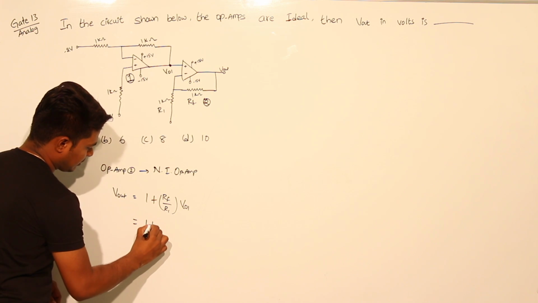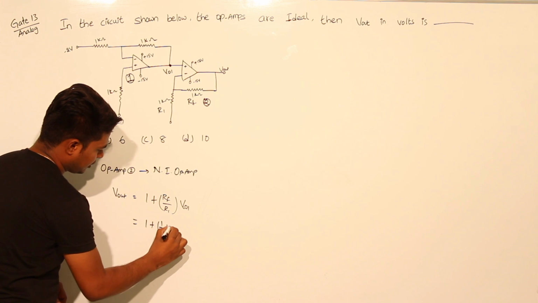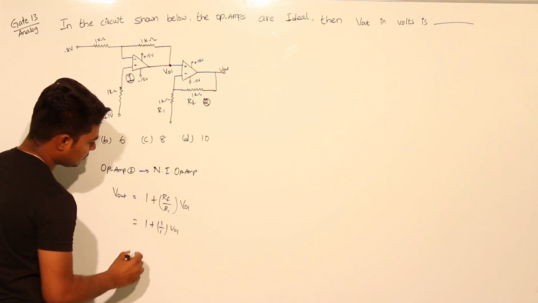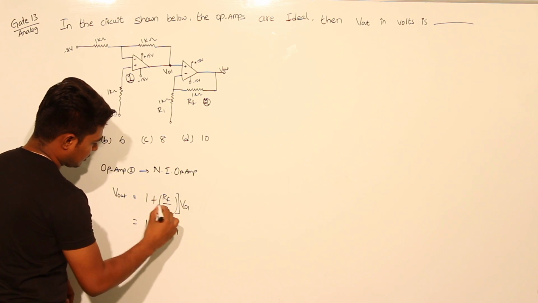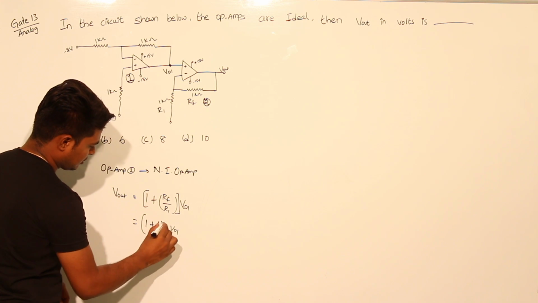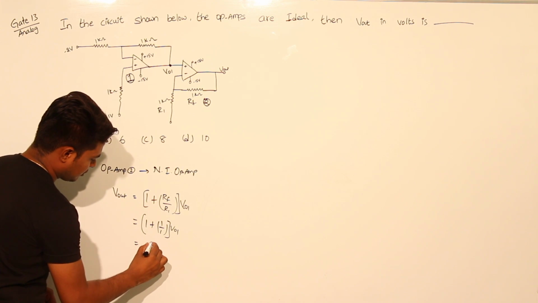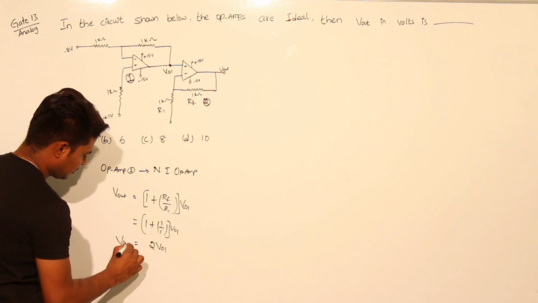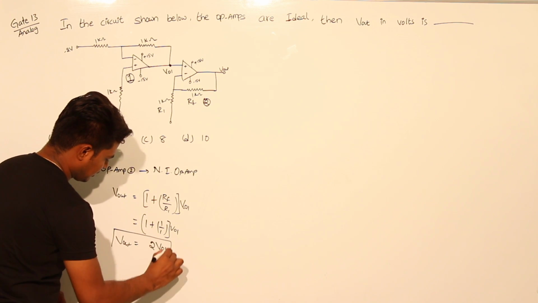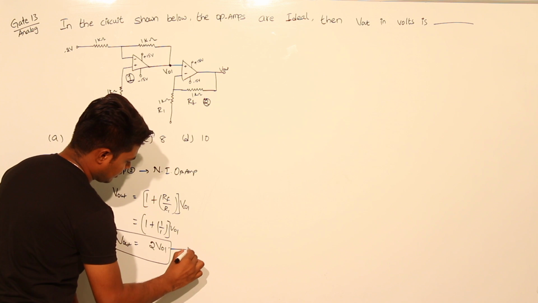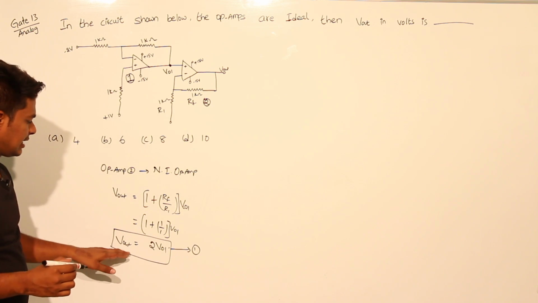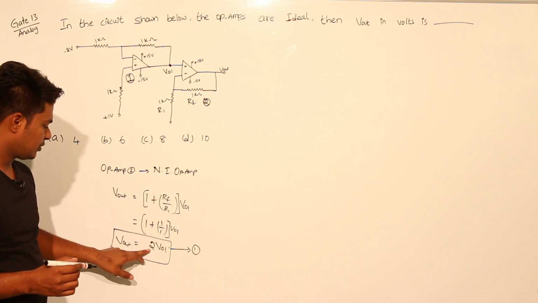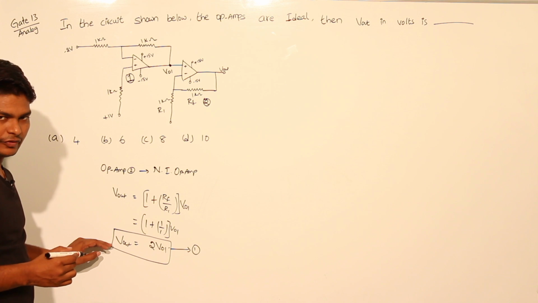That is 1 plus 1 by 1 into VO1, which equals 2 VO1. So Vout is equal to 2 VO1. Let this be equation 1. So if we calculate VO1 and multiply by 2, we will get the required value Vout.